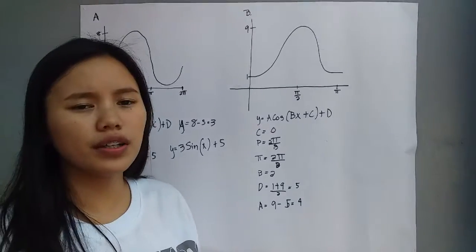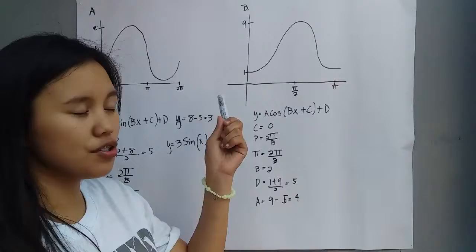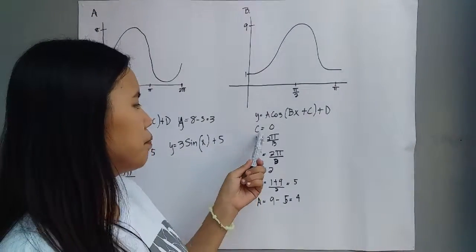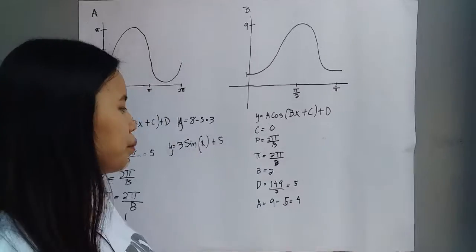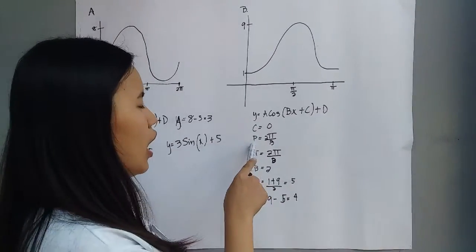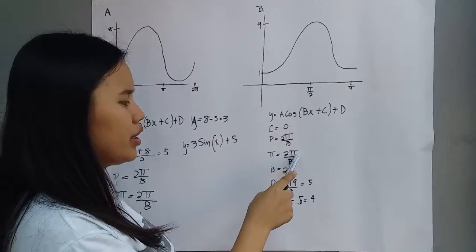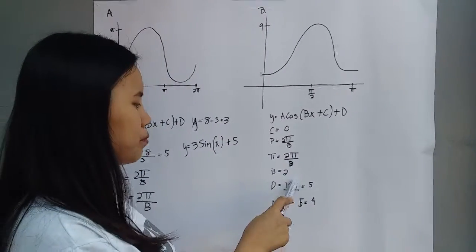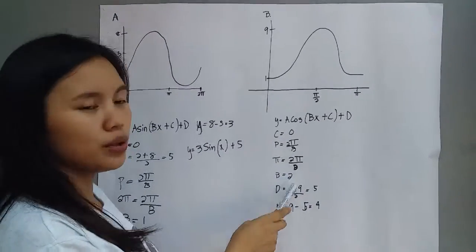First, we are going to find the value for c, which is the origin, 0. For our b, we all know that the period is equal to 2 pi over b, and our period here is pi. So pi is equal to 2 pi over b. So basically our b is equal to 2.